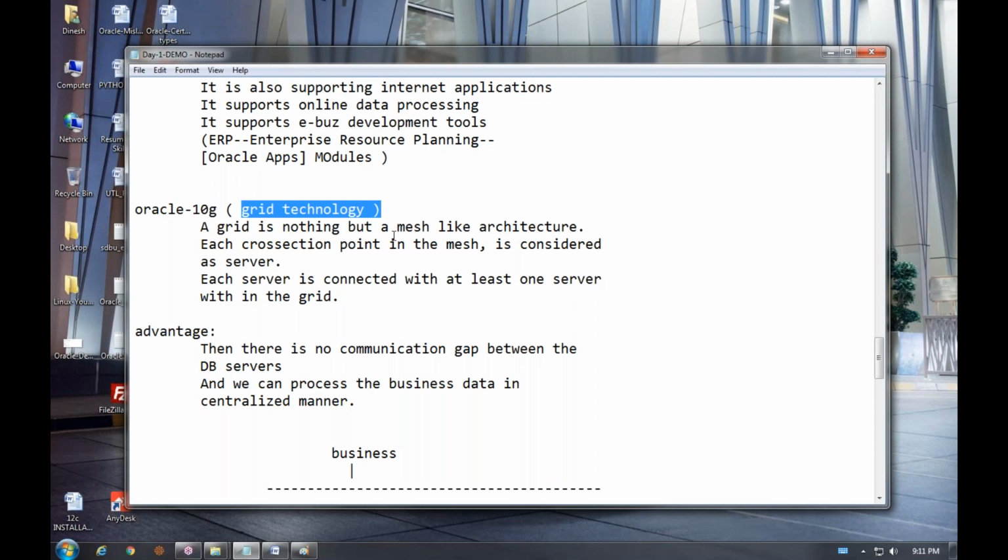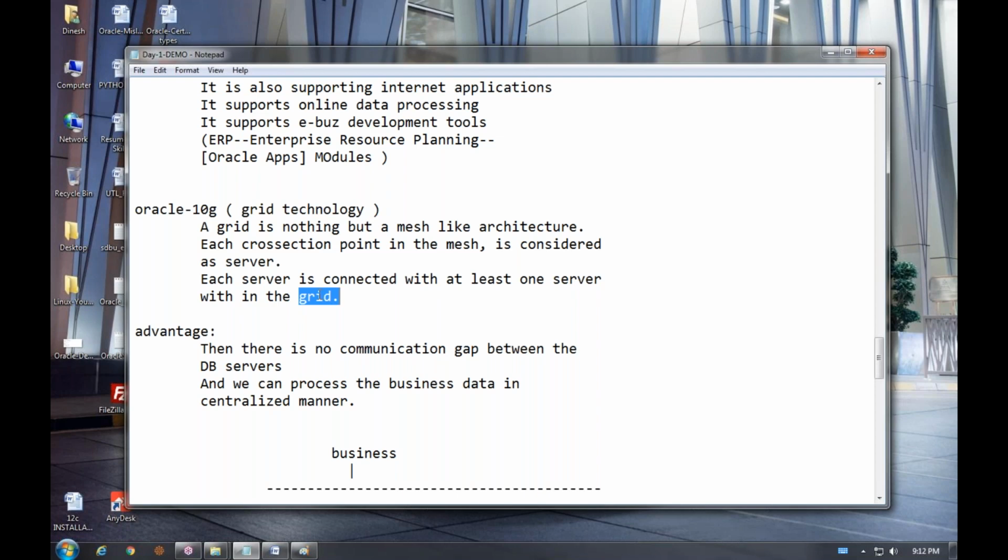Each branch should maintain one database server. So if you have 5 branches, there should be 5 database servers. All these 5 database servers are connected to one system. That central system is called grid.